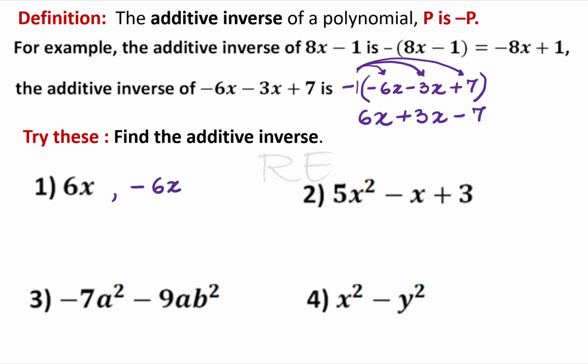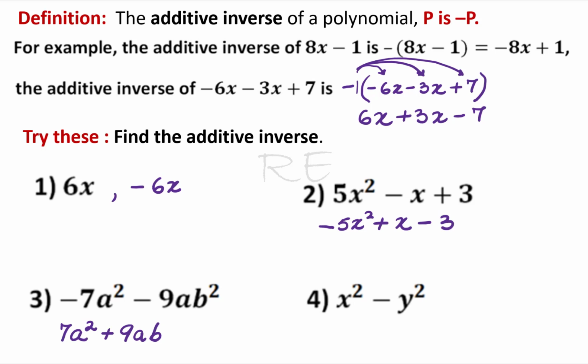The additive inverse of 6x is negative 6x. The additive inverse of number 2 will be the opposite of 5x squared, which is negative 5x squared. Minus negative x will be positive x minus 3.